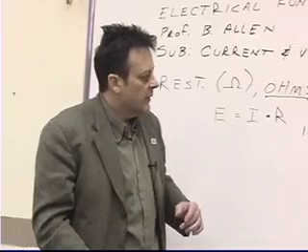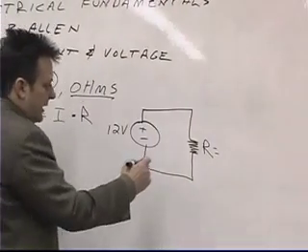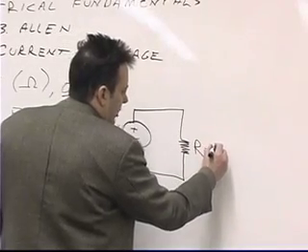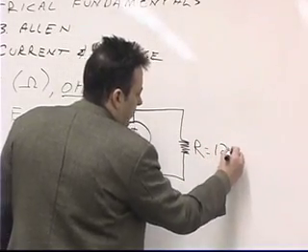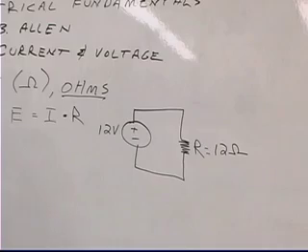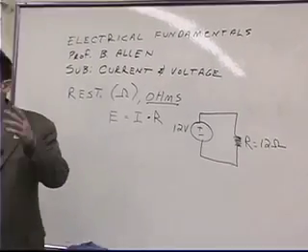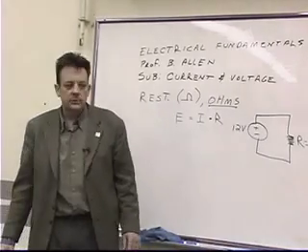Okay? So let's just say, for simplicity's sake, that the resistance of this hairdryer was 12 ohms. In reality, it's not going to be 12 ohms. It's going to be more than that. But let's just say, for simplicity's sake, that we found one, or we could make one, that was 12 ohms. Okay?